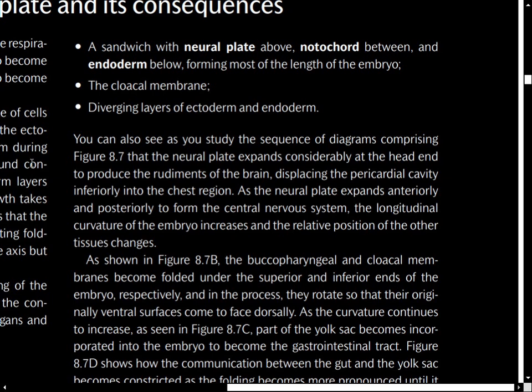As the curvature continues to increase, part of the yolk sac becomes incorporated into the embryo to become the gastrointestinal tract.